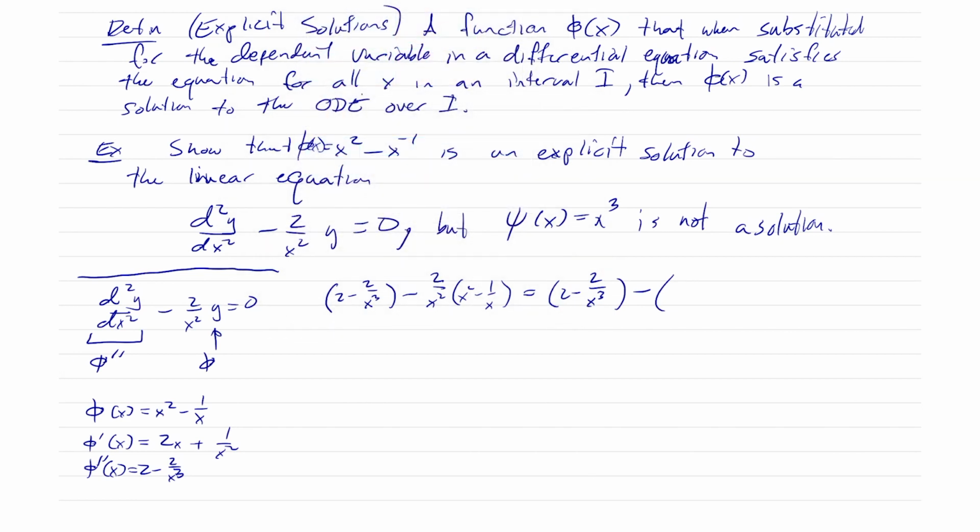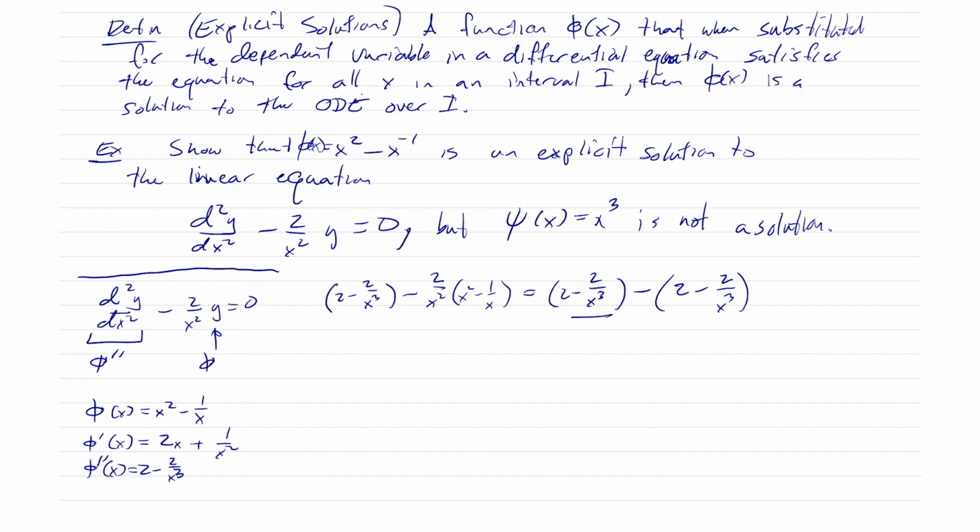Okay, so now when we multiply this through, we should get something much better. So the first term, x squared cancels with x squared, and so that's going to leave me with just 2. And then I'm going to have minus 1 over x, and then that's going to be multiplied by 2 over x squared, so that's going to be minus 2 over x cubed.